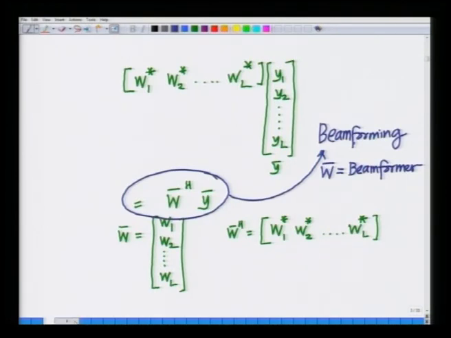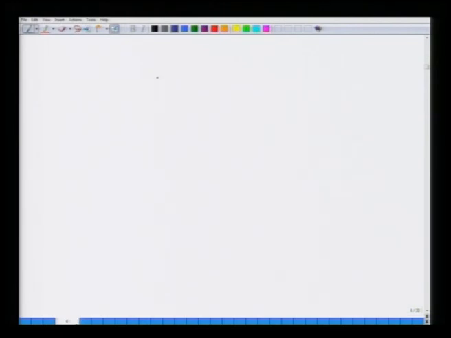So, now I am doing beamforming, which means my received signal is W bar Hermitian Y bar. Now, we already know that Y bar equals H bar x plus N bar.